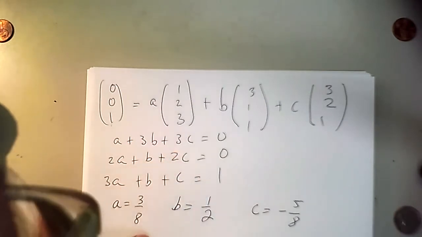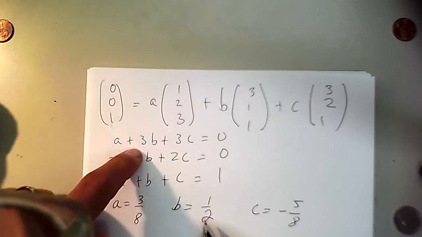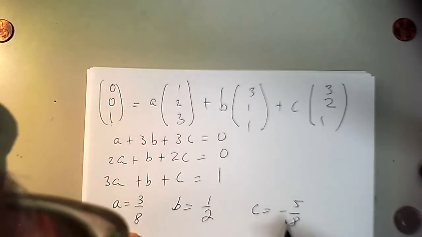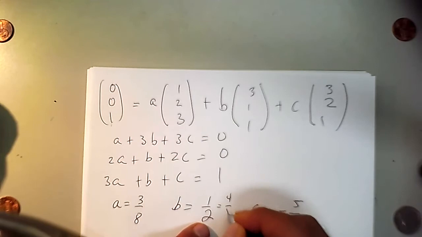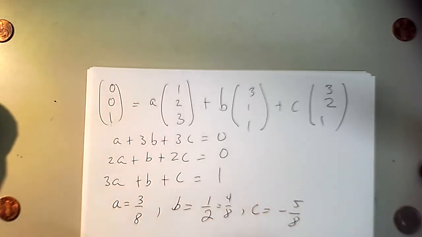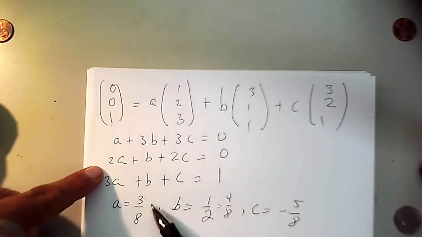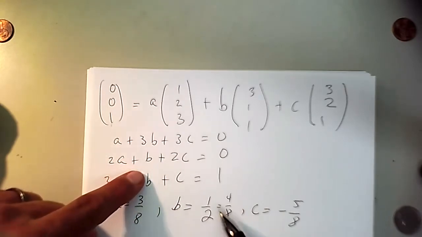I'm trying to think. So we got 3 of those, and 12, that's 15 minus 15. Yep, this is the same thing as 4 over 8. So it looks like that works there. Let's double check here. 6/8 plus 4 is 12.